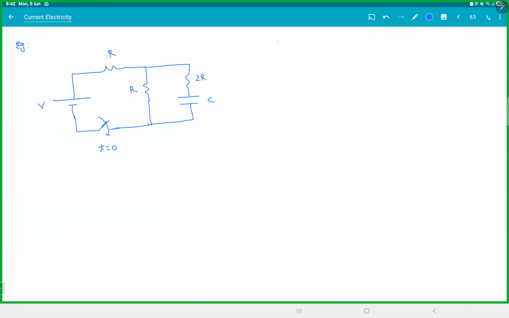The question would be like this: find current I at T0 and T tending to infinity, meaning you just left the switch for a long time. Find the charge on the capacitor at infinity.